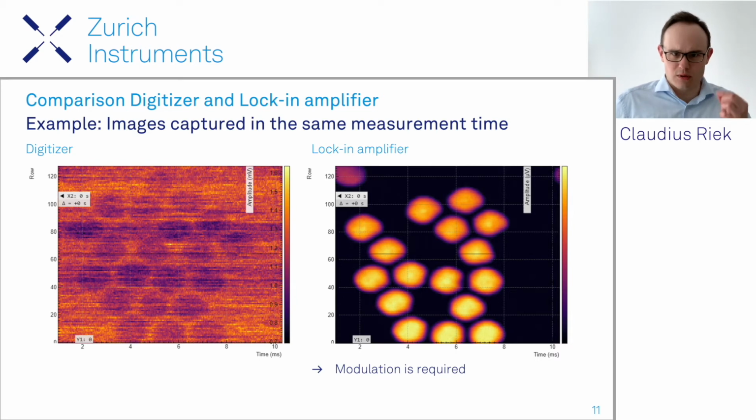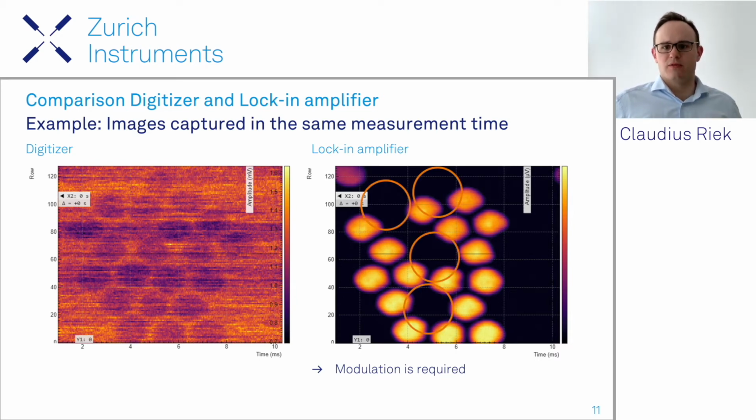What is required there is the modulation. Now, what you might have seen in addition, there are some additional holes in this image on the right hand side, and this means the information content is different, although I can tell you the measurement was taken simultaneously. Why this is, we will get to at the very end.